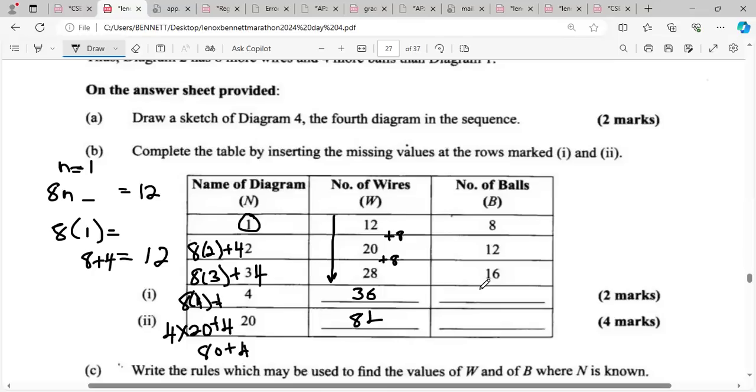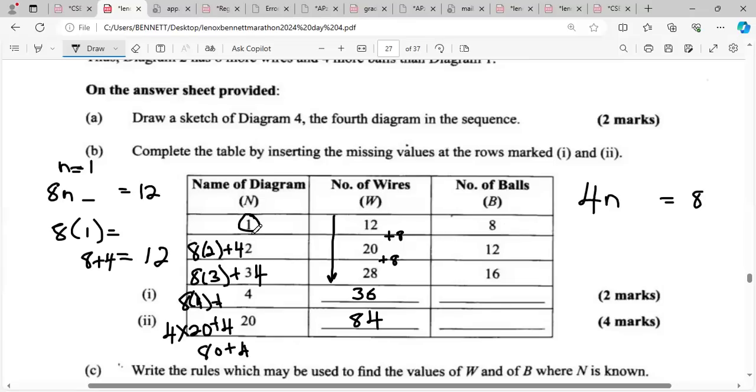So we can figure out what's happening with the number of balls. What's the common difference? The difference is 4, right? You can see that it is 4. So that means you're multiplying by 4 each time. You do an operation, whether plus or minus, and then that must give you 8. So you see it?